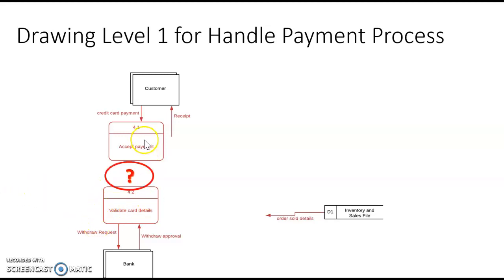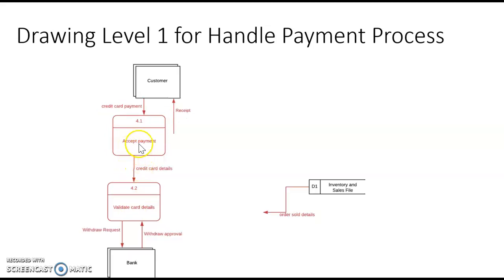Okay, so what kind of connection should be between the process accept payment and validate card details? What kind of information should pass from this to this? This needs to know the details of the credit card. So accept the payment, send the credit card details, send a request to the bank for the withdrawal. The bank will approve it.